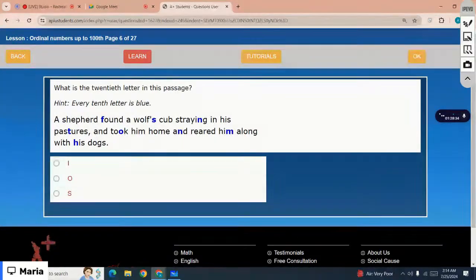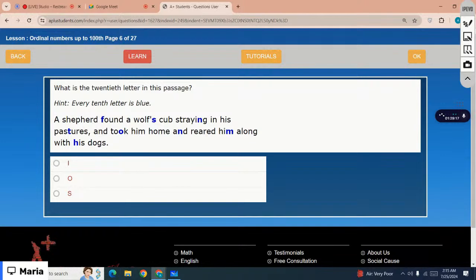Which is the 20th letter in the passage? So which is the correct option? S is at the 20th position.